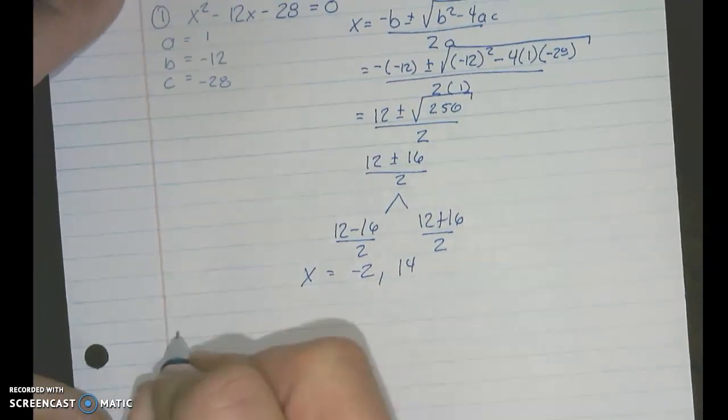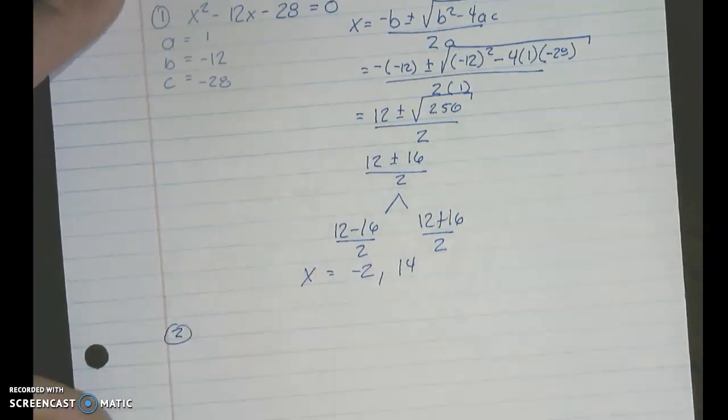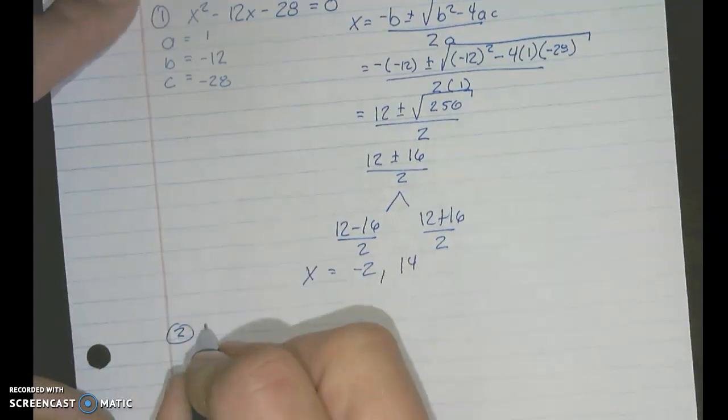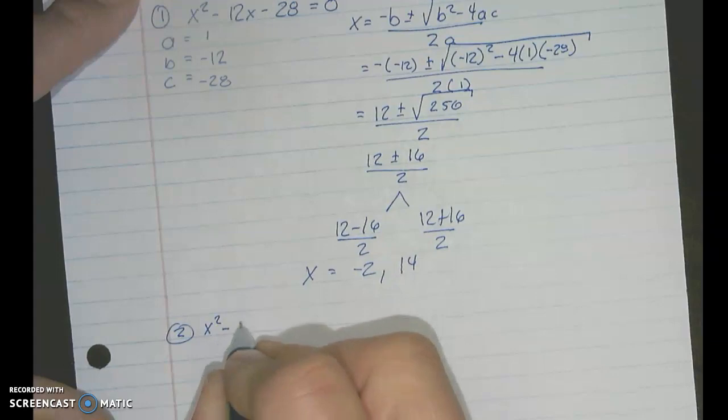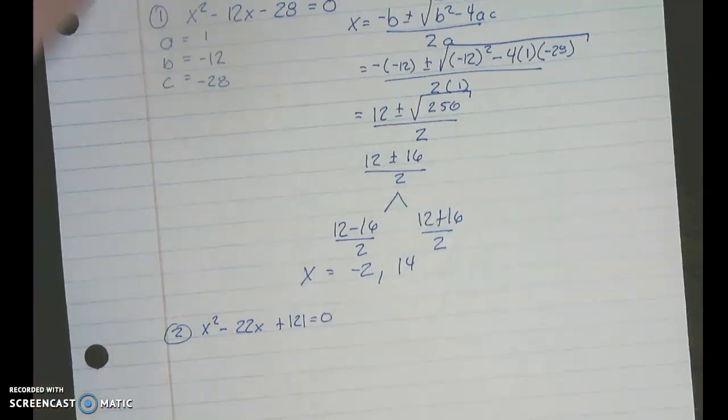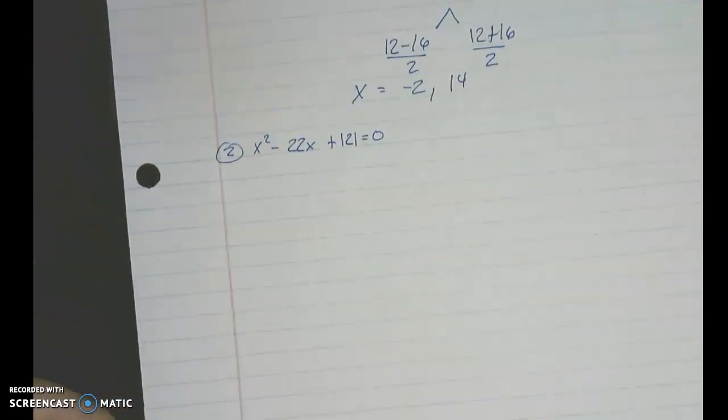So let's go to number 2. Let's do x squared minus 22x plus 121 is equal to 0. I would personally factor this one, but you can practice your quadratic formula.